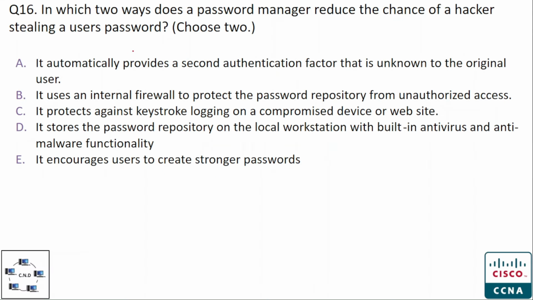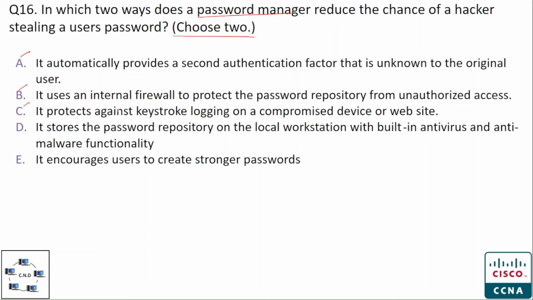Question number 16. In which two ways does a password manager reduce the chance of a hacker stealing a user password? Choose two options. And the options are: option A, it automatically provides a second authentication factor that is unknown to the original user. Option B, it uses an internal firewall to protect the password repository from unauthorized access.